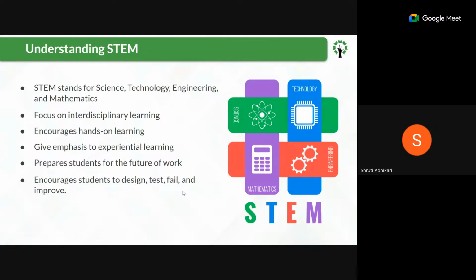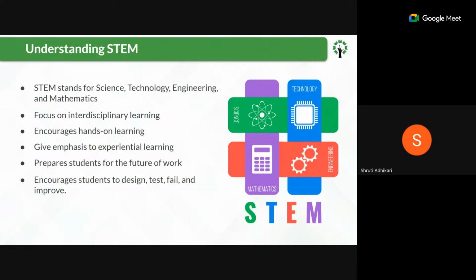Now, the next point is it gives emphasis to experiential learning, right? It prepares students for the future of work. It encourages students to design, test, fail, and improve. Students can experiment with things. They will learn from their mistakes, right? Once they have created a plan, now something is not working or there's a minor mistake.